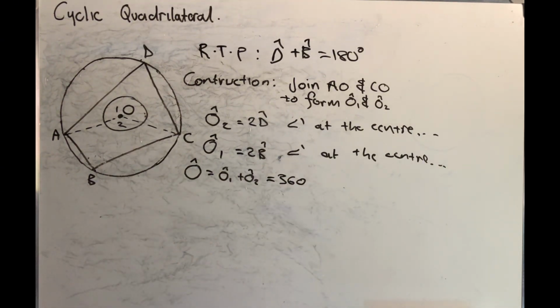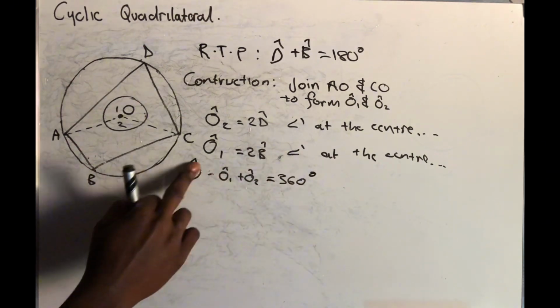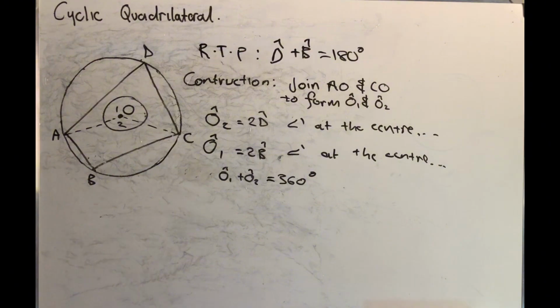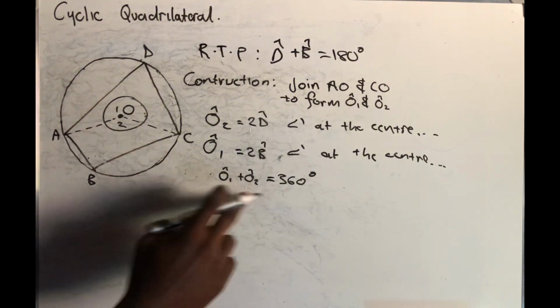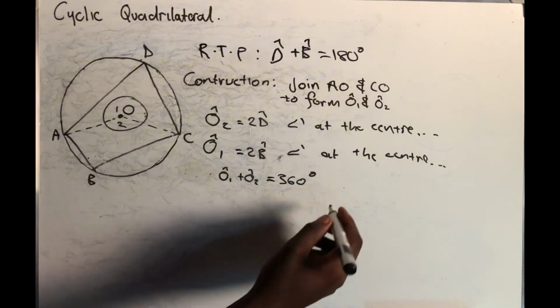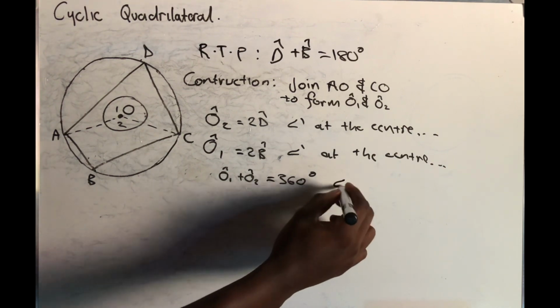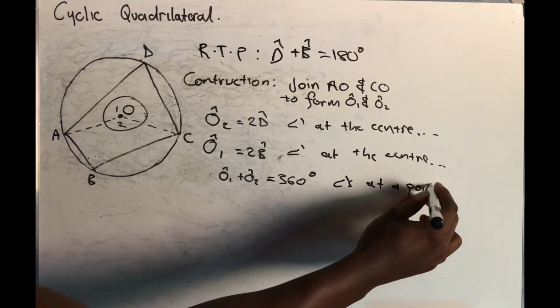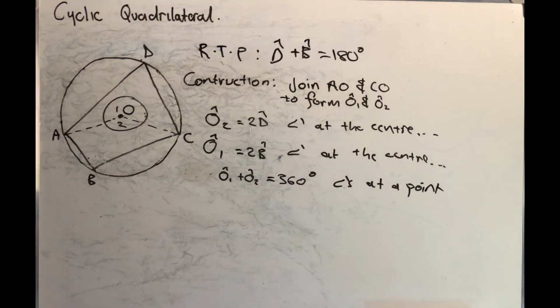Degrees. What's your reason? You can take out this O. Just say angle O1 plus O2 is what? 360. Your reason will be angles at a point. I hope everything is clear so far.